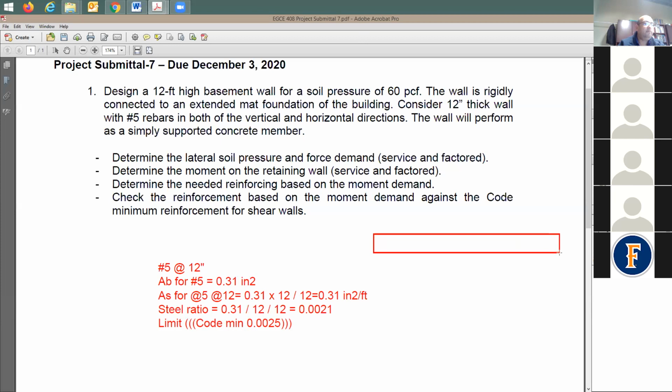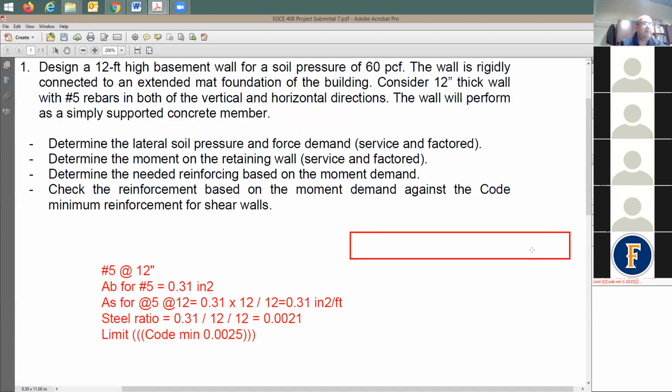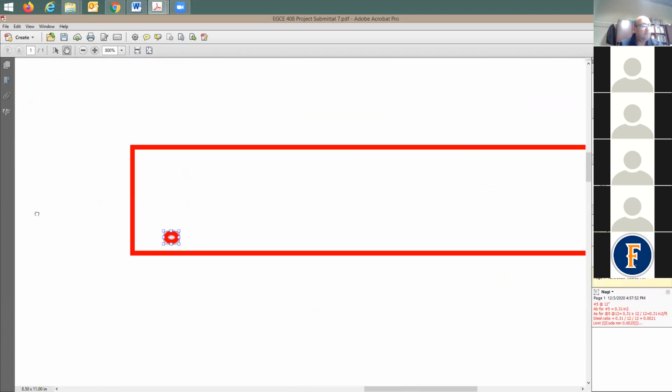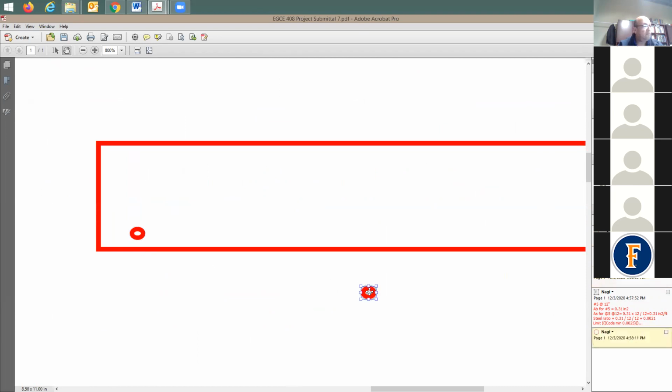Here's the wall. Can I have only one rebar here? This is what I'd like to do. Can I have a rebar at 12 inch?